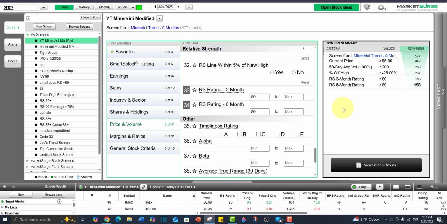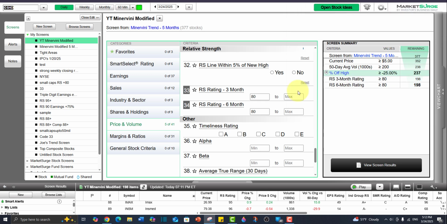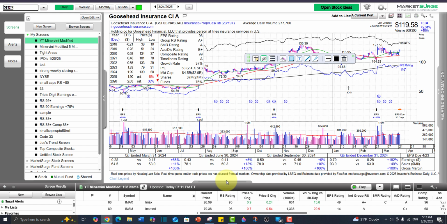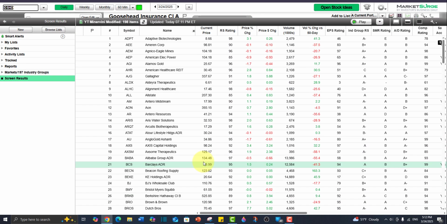I'll show you in just a second. Let me clip this just so we have it for the end here. Okay, so let's close that, and we can open this. So here is our list of stocks, 198. And then we can organize them any way we want to.